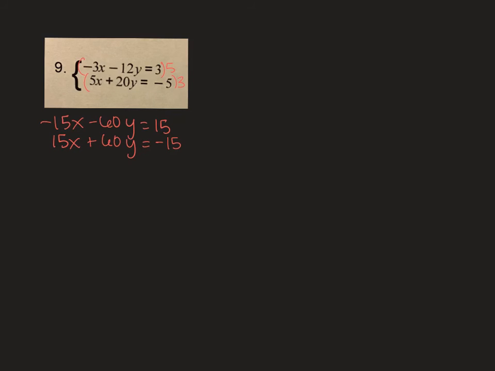So when I add those together now, negative 15x plus 15x is 0. Negative 60y plus 60y is 0. 15 plus negative 15 is 0.